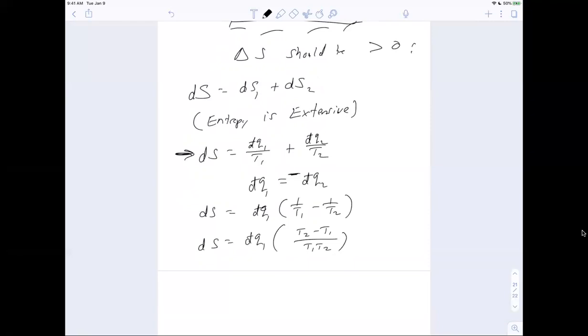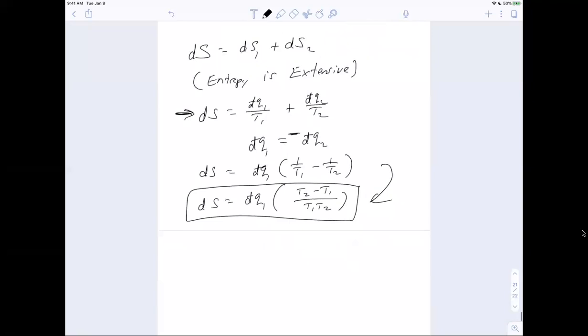All I did was multiply the first term by T2 over T2, which is 1, and the second term by T1 over T1, which is 1. And so I get this relationship, (T2 minus T1) over T1 T2, for dS. Any questions or comments so far?